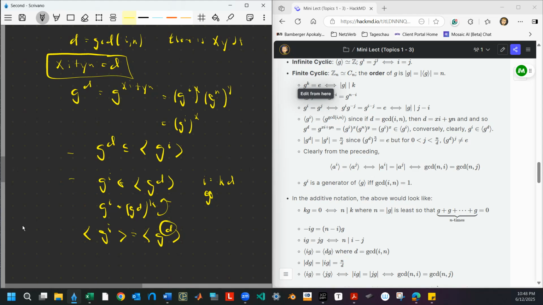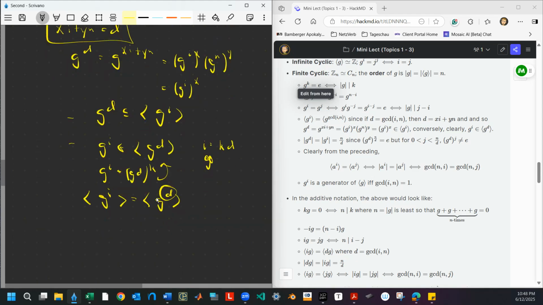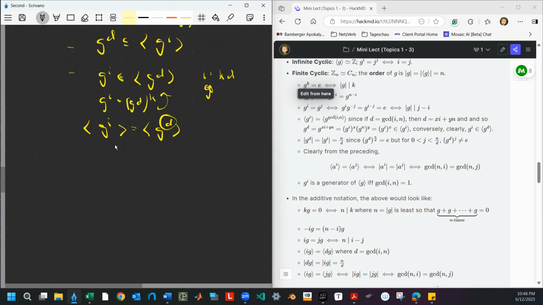Good. All right, so just to reiterate, let me say the whole thing again. We've got G of order n. Then generating by g^i is the same as generating by g^gcd(i,n).